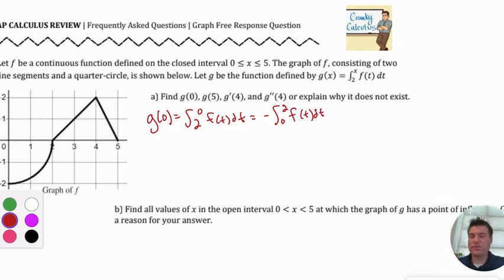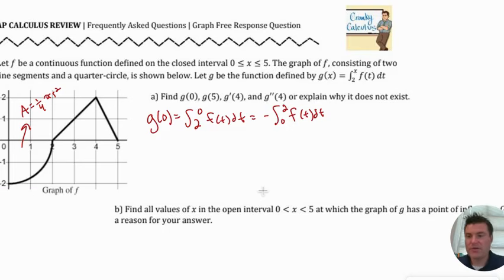Now, since this is a quarter circle, the area here is going to be 1/4 pi r squared. Our r right here is going to be 2. So this actually is an area of pi. It's below the x-axis, so we can read that as negative pi. So this is equal to negative, below the x-axis, negative pi. So this is actually going to give me an answer of pi for g of 0.